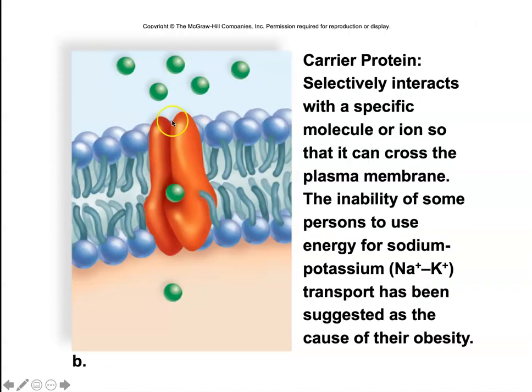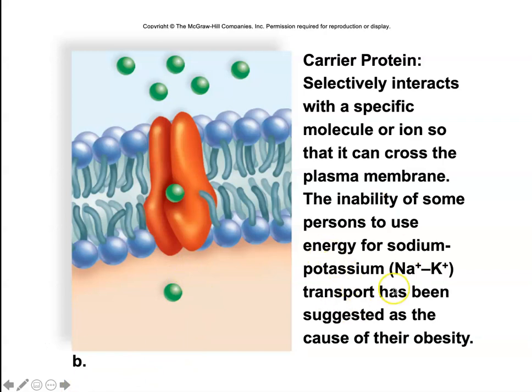Another type of membrane protein, a carrier protein. Like I said, it also moves ions or molecules across the membrane, but instead of being like a little tunnel or channel, it does it in a different way. The ion or the molecule will bind and then get released on the other side. Same idea.